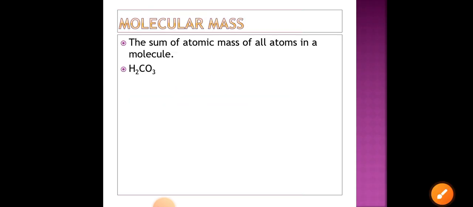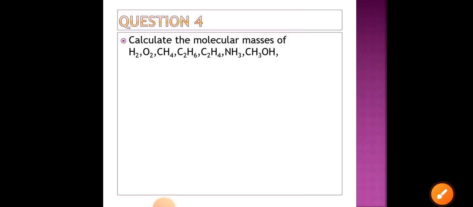So if you look at the previous examples: hydrogen, oxygen, methane, ethane, ammonia, methanol, and so many other compounds, in all of them, what is the common thing that we can observe? They're all non-metals. So whenever bonds are formed between non-metals, they are usually called covalent bonds. Means here the electrons are equally shared.